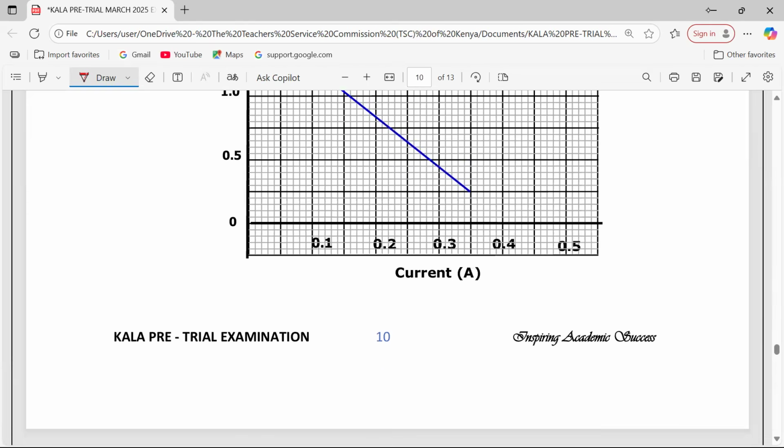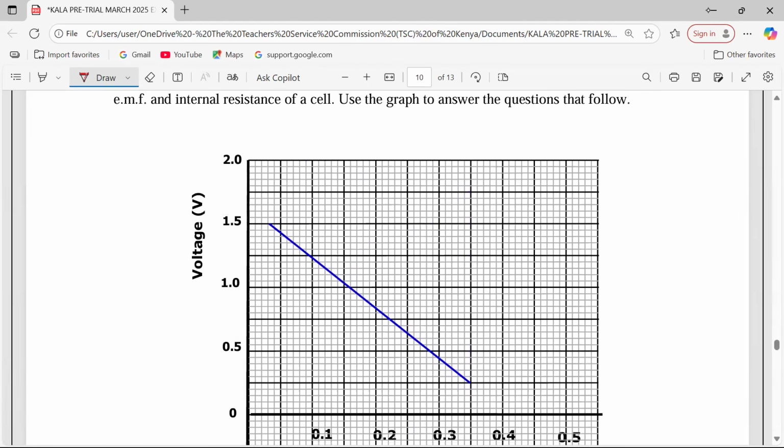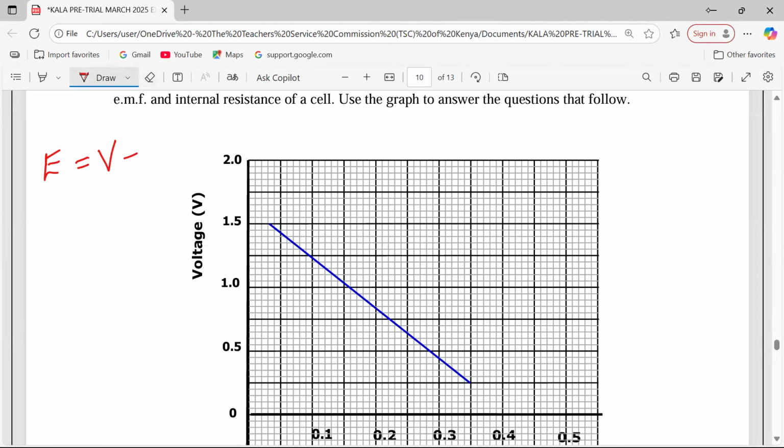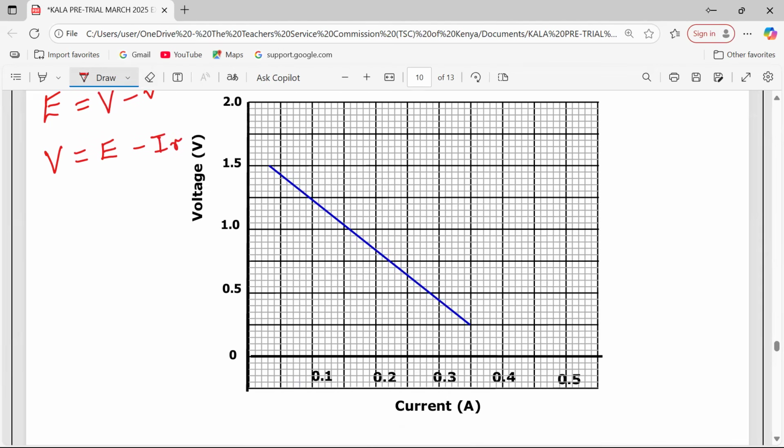Let me begin by saying this, that EMF is given by terminal voltage plus lost voltage. So voltage equals E minus the lost voltage. Lost voltage is current times internal resistance, because it is lost due to internal resistance, so it is the current flowing times the internal resistance.